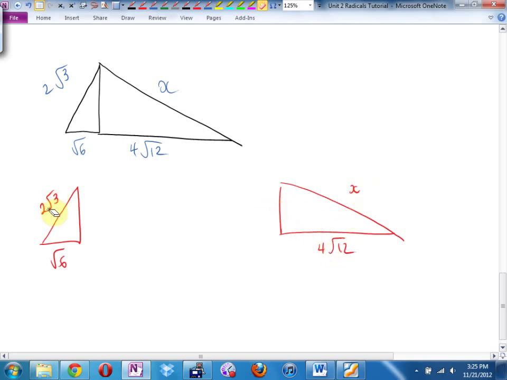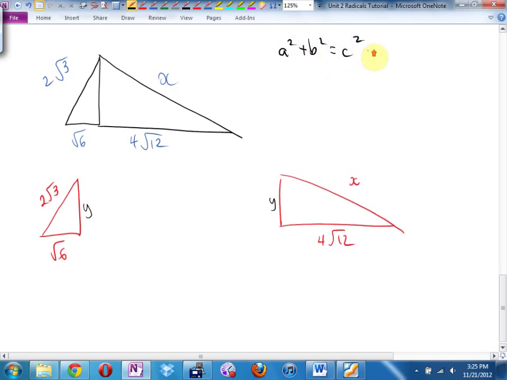I do have 2 numbers here, though, so why don't I call this y, and that's also the same as that line over there, isn't it? Okay, Pythagoras says root 6 squared plus y squared equals 2 root 3 squared.